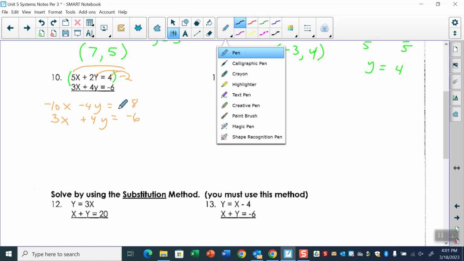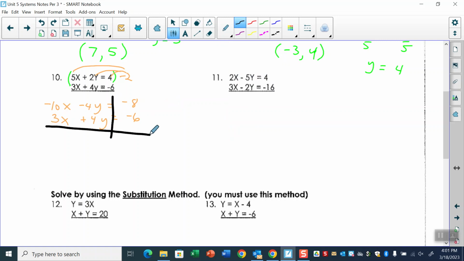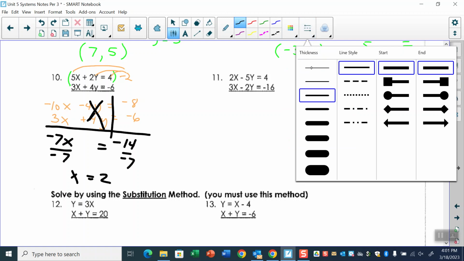Okay. And then I can go ahead and combine these. Those add up to 0, so they go away. Negative 10 plus 3 is negative 7x, and negative 8 minus 6 is negative 14. Divide by negative 7, so x equals 2. Then you can put that back up into this original equation.